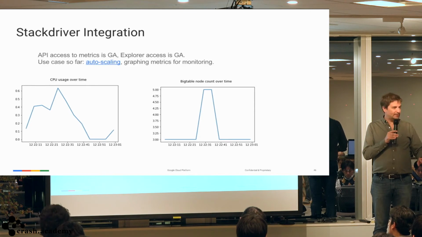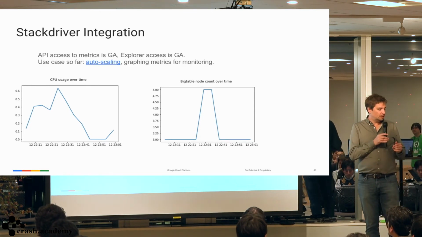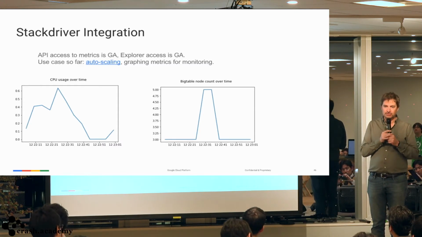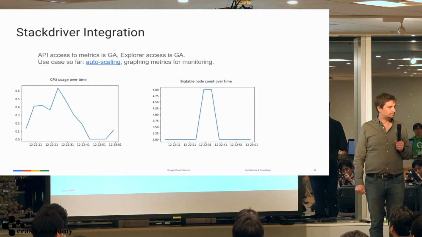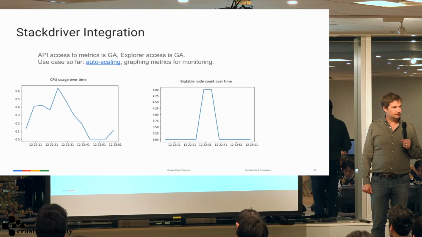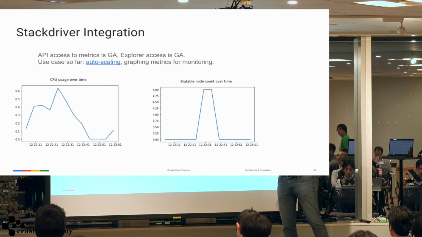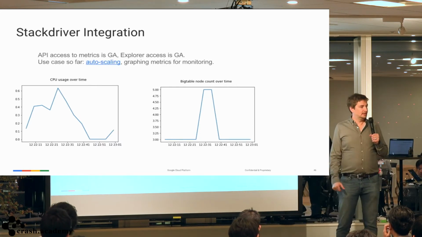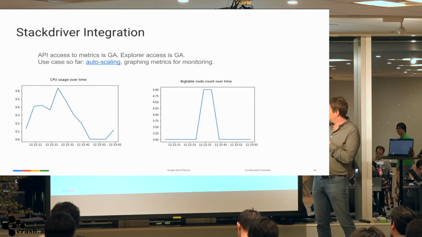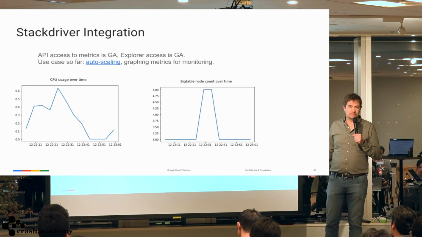We don't provide automatic autoscaling, but we provide the tools to be able to do it. There are REST interfaces to CPU load in Stackdriver, and a REST interface to increase or decrease the number of nodes in the Bigtable cluster.